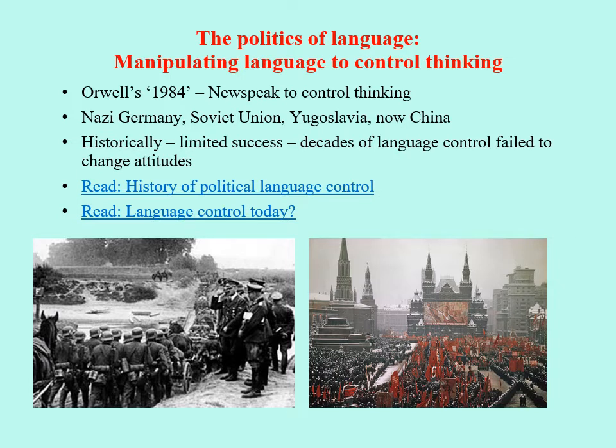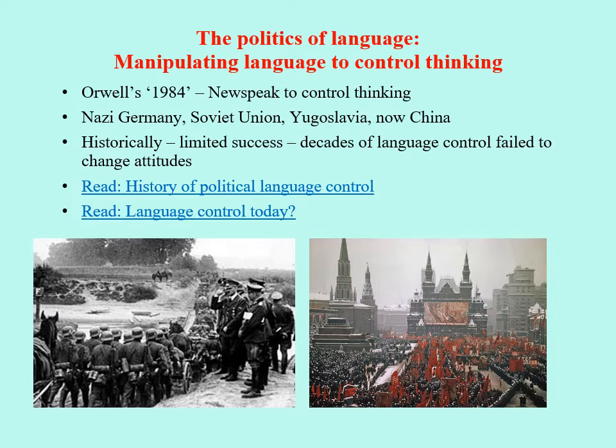This idea was nicely developed in the novel by Orwell, 1984, which describes a futuristic dictatorial political system that developed a language called Newspeak, which is intended to control the thinking of all members of that society. Now, this idea has actually been implemented in dictatorial cultures in the past.